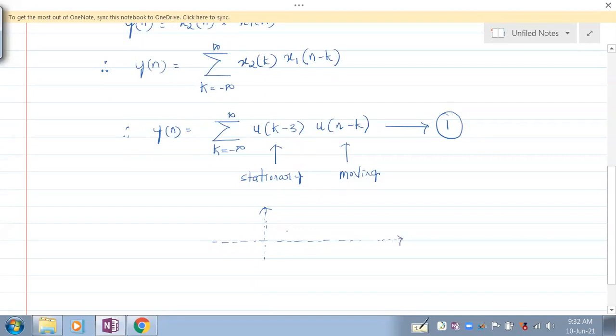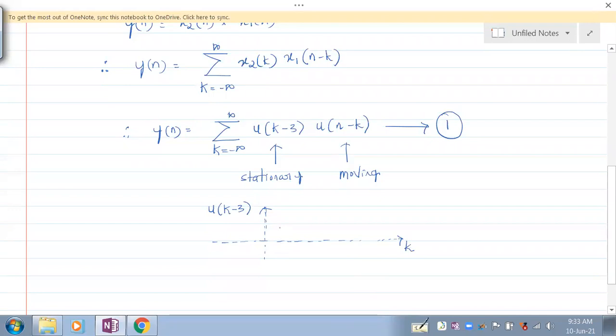U of k minus 3. Can you now tell me what is u of k minus 3? This is not n, mind you. This is the mistake that people make. This is k. Now, since the signals are already substituted in the equation for convolution sum, we have to be plotting the signals with respect to k.